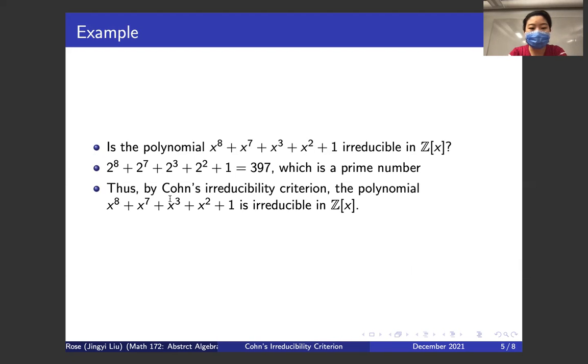And using Cohn's irreducibility criterion, we know that the polynomial corresponding to this prime number, which is the original polynomial, x to the 8th plus x to the 7th plus x cubed plus x squared plus 1, is irreducible in the polynomial ring over Z. So this criterion is pretty useful.